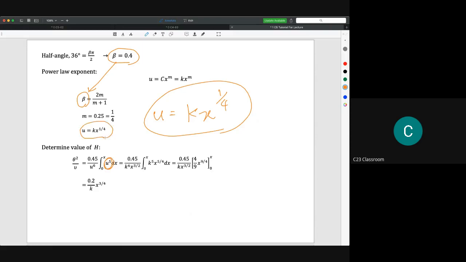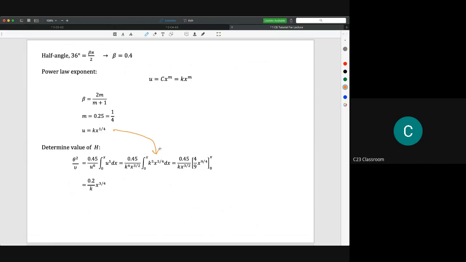So we substitute k to the power of 5, x to the power of 5 over 4, because we have u to the power of 5 here. So we substitute the terms here, the velocity profile.